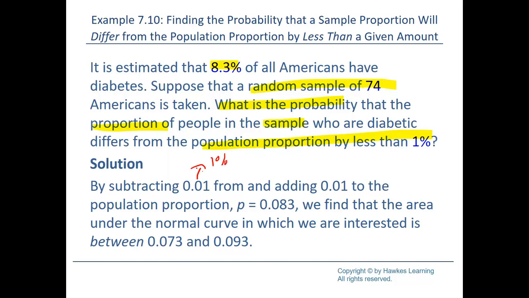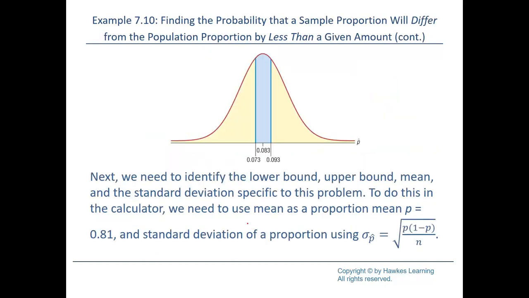And the population proportion, writing it as a decimal, is going to be 0.083, because that's 8 cents, and then add my 3 at the end there. Since we're differing from this, we add and subtract our 1% or 0.01. So we're interested in what is between these two numbers, which are 0.073 and 0.093.